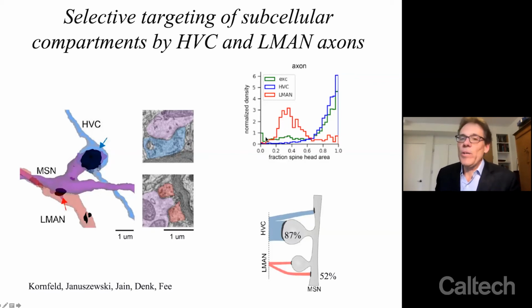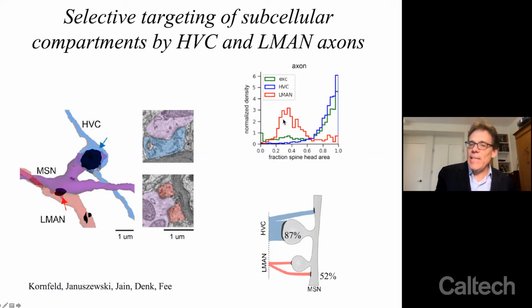So this is the fraction of presynaptic contact area of the axon that contacts spine heads. What I'm showing here is the distribution of that spine head fraction across all of the HVC axons and across all the LMAN axons. And you can see that most HVC axons have more than 80% of their synaptic contact area onto MSN spine heads, while the majority of LMAN axons have a much smaller fraction of their synaptic contact area onto spines.